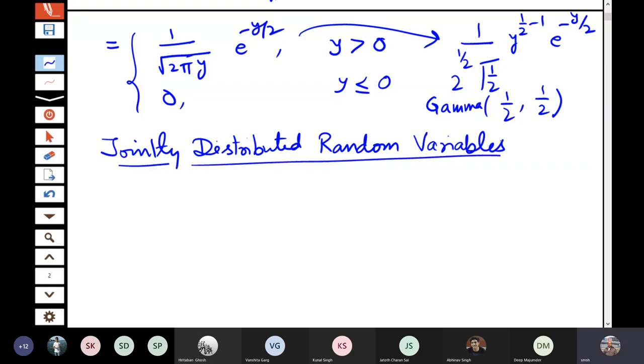So far in the discussion that I gave, given a random experiment we have one sample space, and from that one sample space we consider one random variable. For example, it could be blood pressure of a patient, marks of a student in a test, height of a person, income of an employee, and so on.